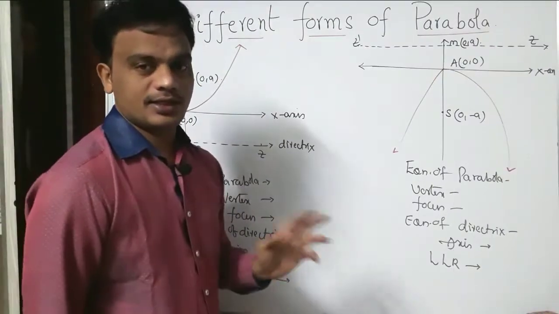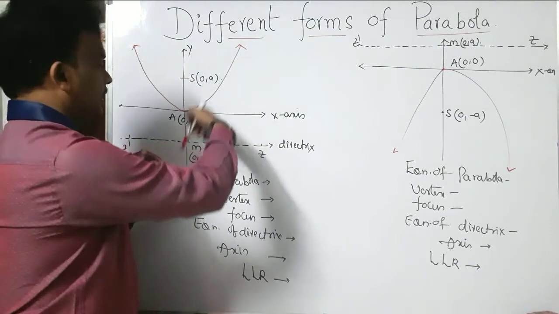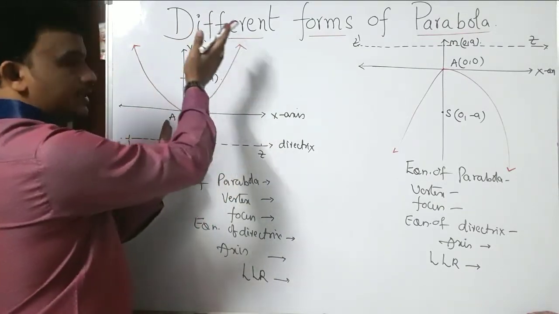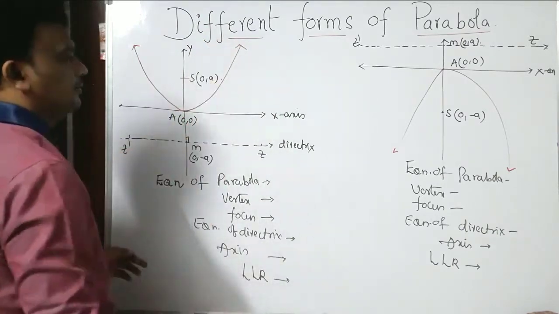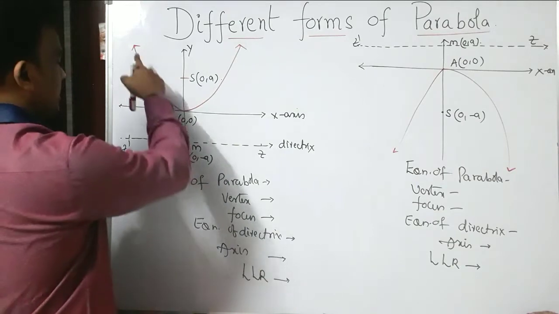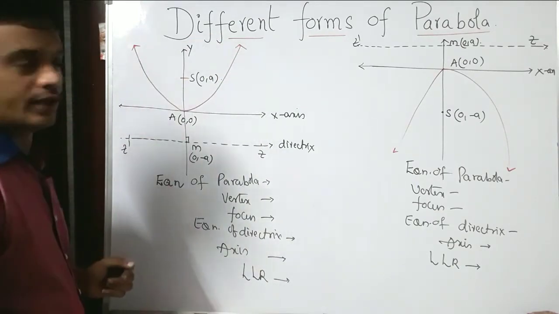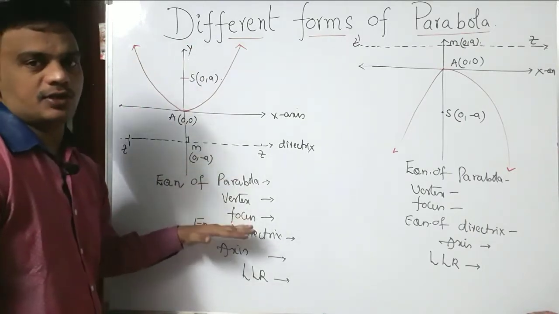Next thing: from the standard form of the parabola, which is a right-handed parabola, when the axes are rotated 90 degrees, we can get the upward parabola. Right or not? So for this upward parabola, what is the equation of the parabola, vertex, focus, and equation of the directrix?